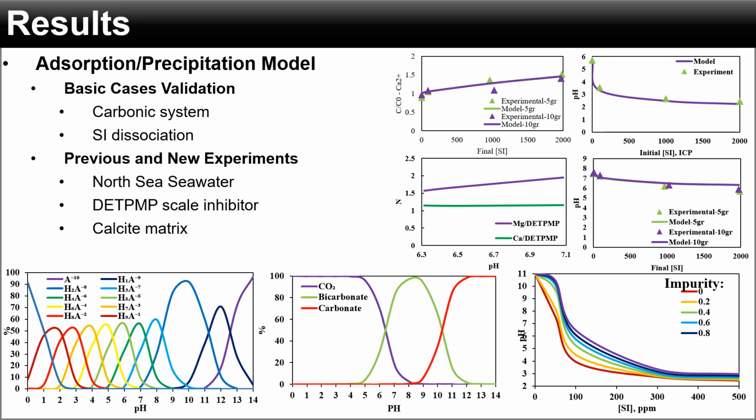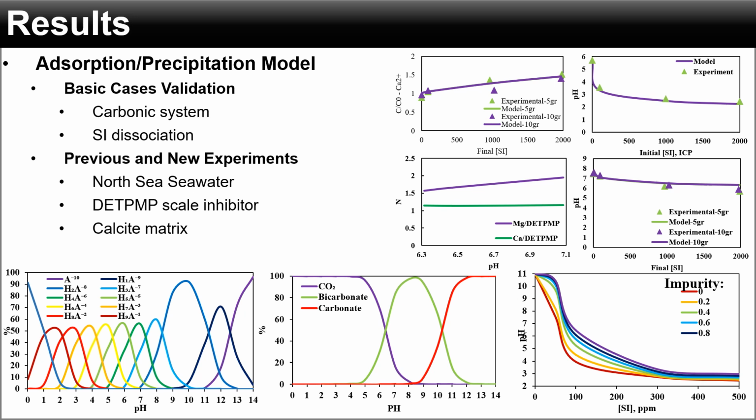After modeling the process, we need to confirm and validate the model. For the equilibrium model, first we need to check basic, well-known cases like the carbonic system distribution of species or scale inhibitor dissociation systems, and check the results against literature-reported values, which has been done up to now.